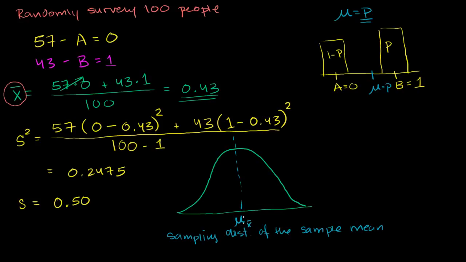This is the mean of the sampling distribution. But we know from many, many videos that this is going to be the same thing as the population mean that each of these 100 samples come from. So this is going to be equal to mu, which is equal to p.